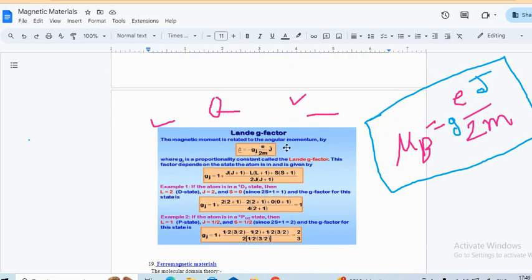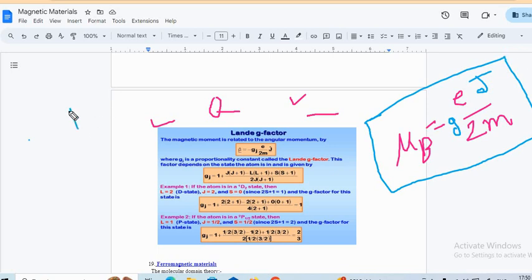If you know the Landé g factor, you can calculate it from L and S for the different atomic systems, for different S values and different L values. Get that one, and you can get the magnetic moment in the system. Now the calculation is simpler if you know the moment.